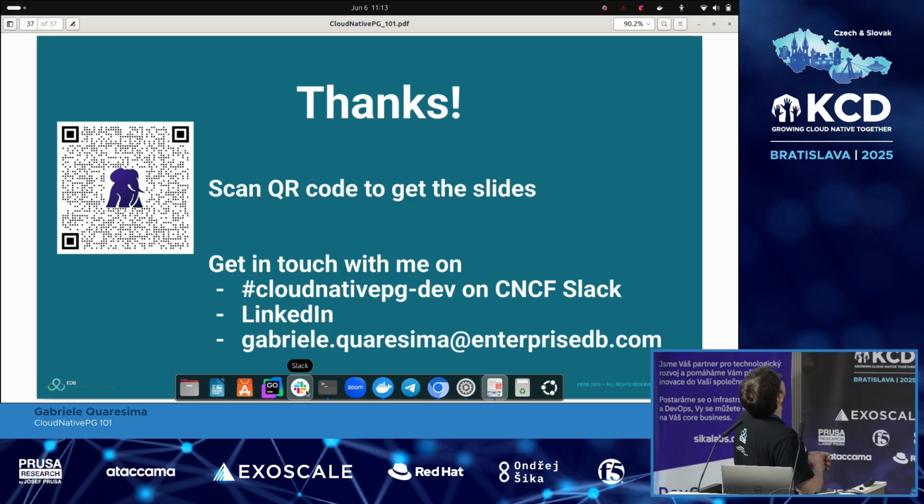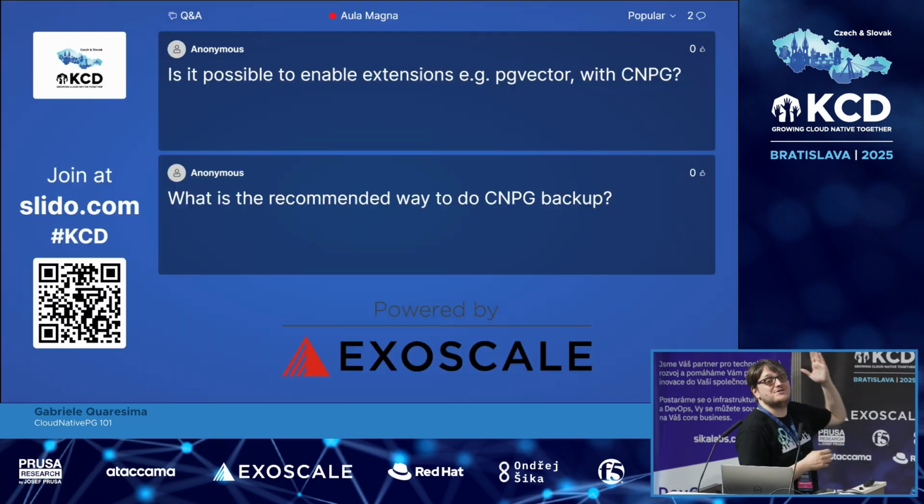So the first one, I think I showed you. Exactly, you already showed it. It's already supported with the base image. But basically, you can add the extension that you want inside the image. There is a way to build your own image that is compatible with the CloudNativePG operator.